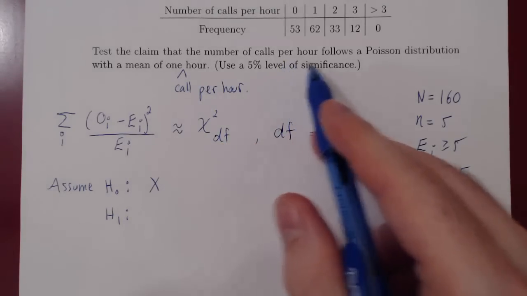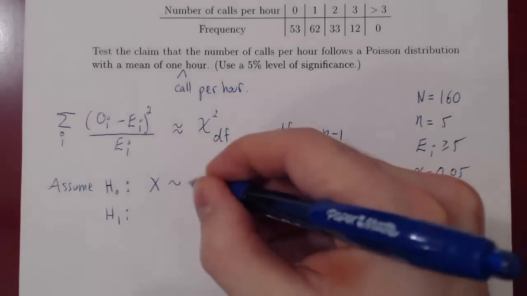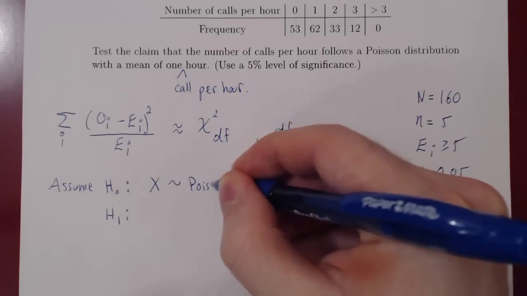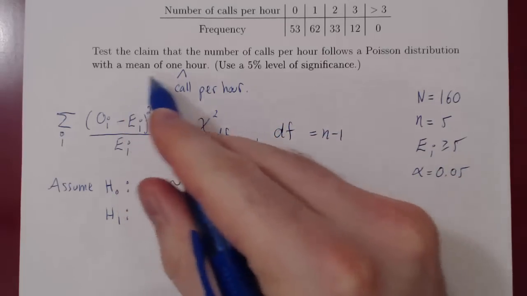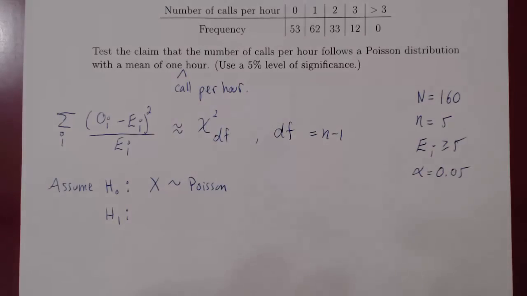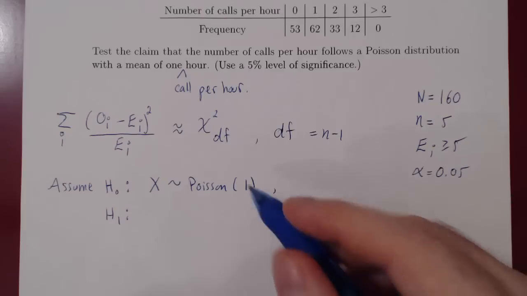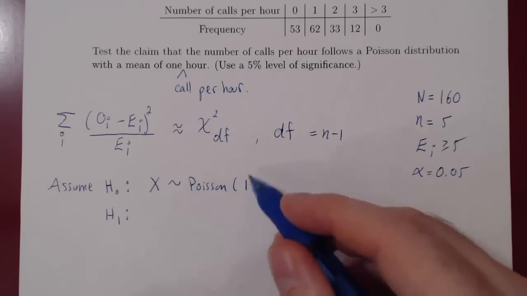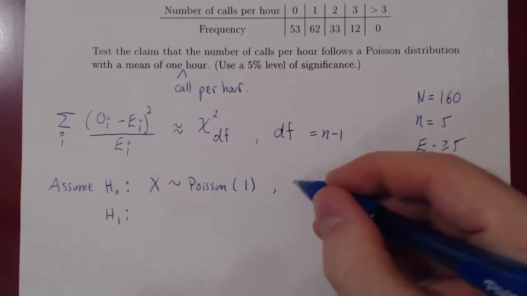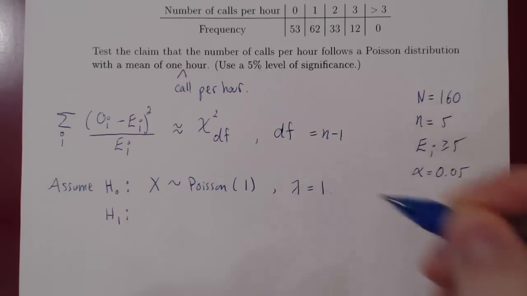And the claim is that it does follow a Poisson distribution with a mean of 1 call per hour. If you remember, the only parameter required for a Poisson is the mean, and again, this is lambda equals 1.